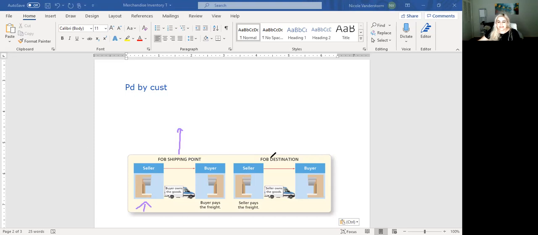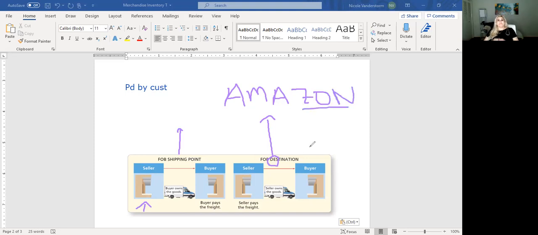Okay, folks? Now, destination. This is where the customer is only responsible when the goods are delivered to the door. Who is a great example of that? Amazon, right? Because with Amazon, especially if you're a Prime member, you normally do not pay for shipping, and it only becomes your problem when you receive the goods.